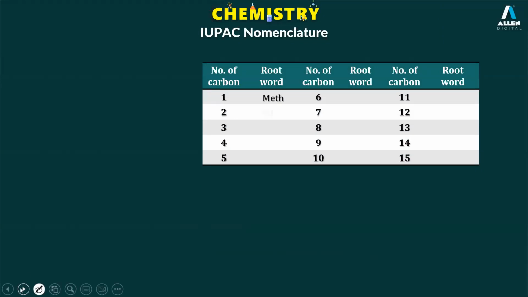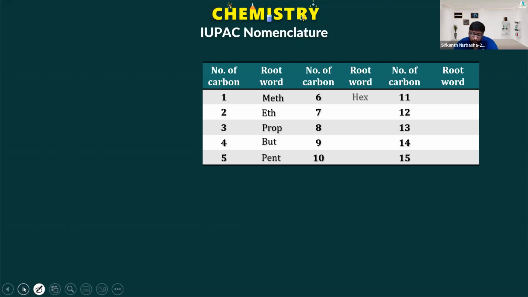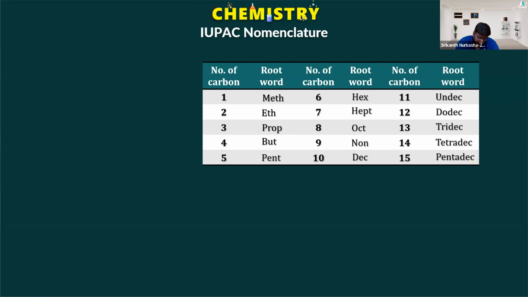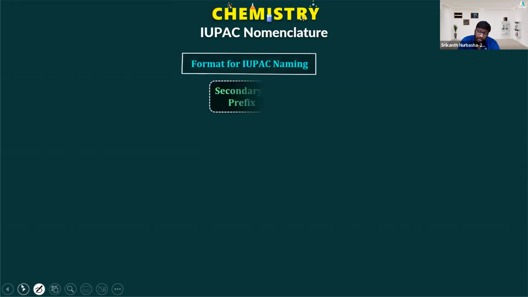We have meth, 2 carbons eth, and so on. 3 means prop, 4 means but, 5 pent, 6 hex, 7 hept, 8 oct, 9 non, 10 dec, 11 undec, 12 dodec, 13 tridec, 14 tetradec, 15 pentadec. These are the root words for different numbers of carbon atoms.